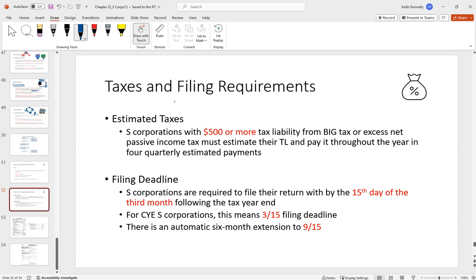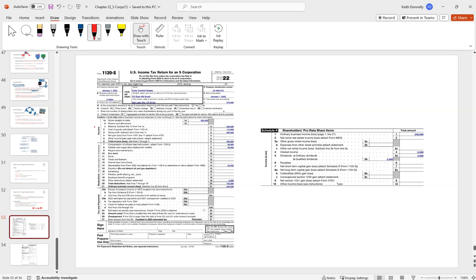Finally, when we're talking about S corps, you're normally talking about 3/15 as the original due date, and when they extend it, they kick the can out to 9/15. The S corp files a 1120S. It's similar to the 1065 for the partnership.